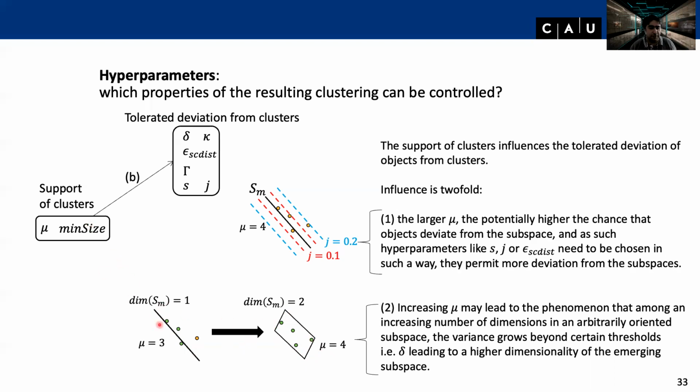So demanding the support of a cluster may also influence the dimensionality of the cluster from dimensionality 1, this line, to dimensionality 2, a plane, by increasing the minimum support.